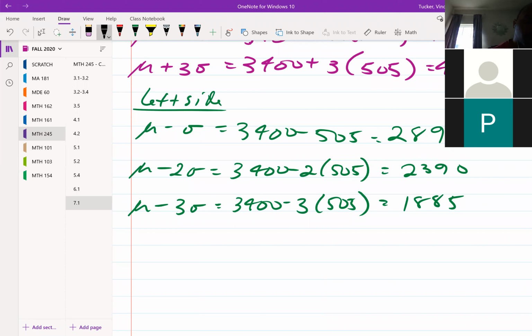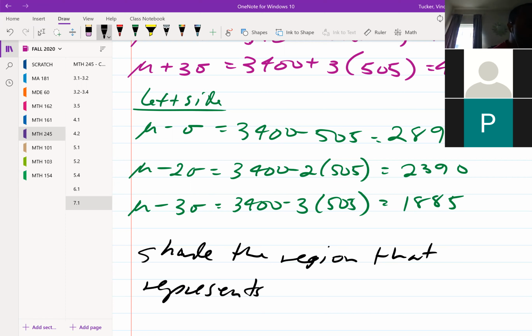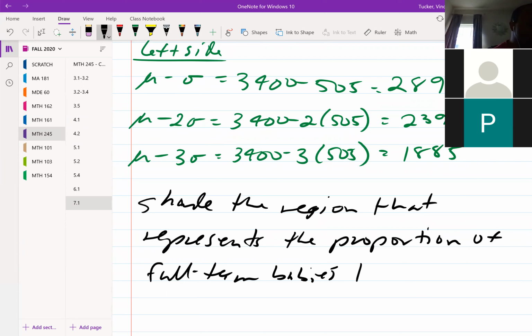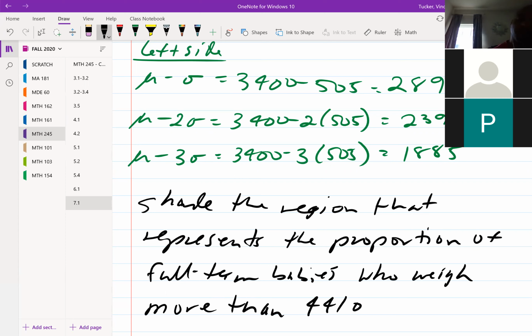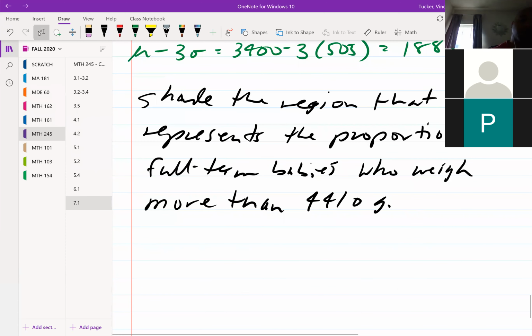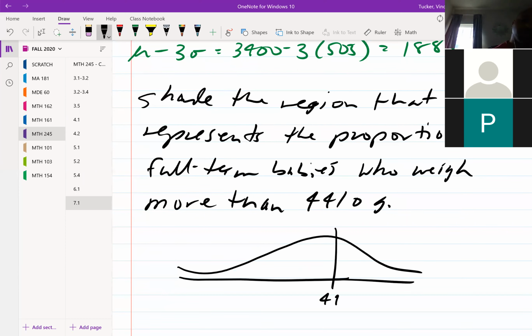All right, so if we want to shade the region, all right, so shade the region that represents the proportion of full-term babies who weigh more than 4410.